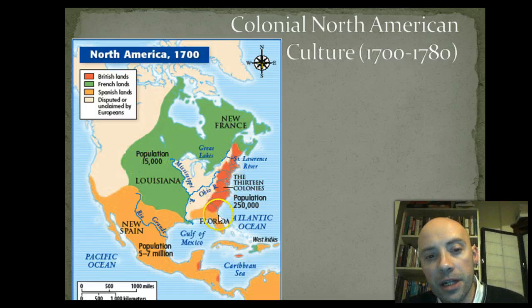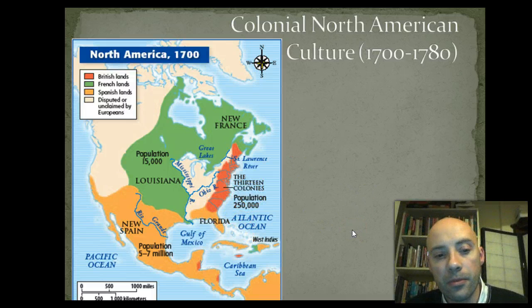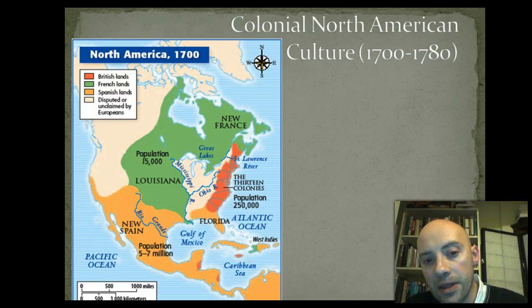The 13 colonies, the British colonies, had a population of about 250,000, which is obviously much larger than the French colonies, but still a relatively small population. And most cities would have been quite small, and we'll talk about them in a moment. These were, again, still largely agrarian colonies, and especially in the Chesapeake colonies, trading colonies.